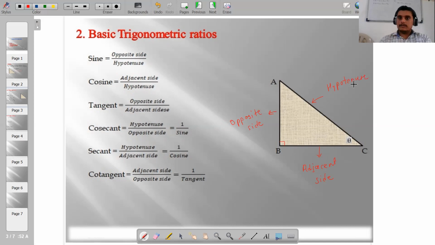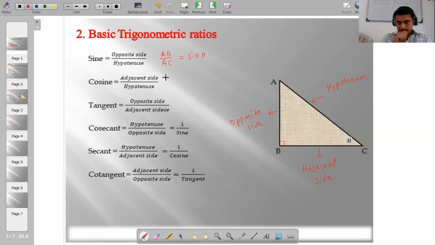Once we define the basic sides and angles of the triangle, we define the first ratio, which is known as the sine ratio, defined as the opposite side of theta divided by hypotenuse. Here, the opposite side is AB and the hypotenuse is AC. So the sine ratio can be defined as AB upon AC in the given triangle, or in short, it can be written as sin theta.